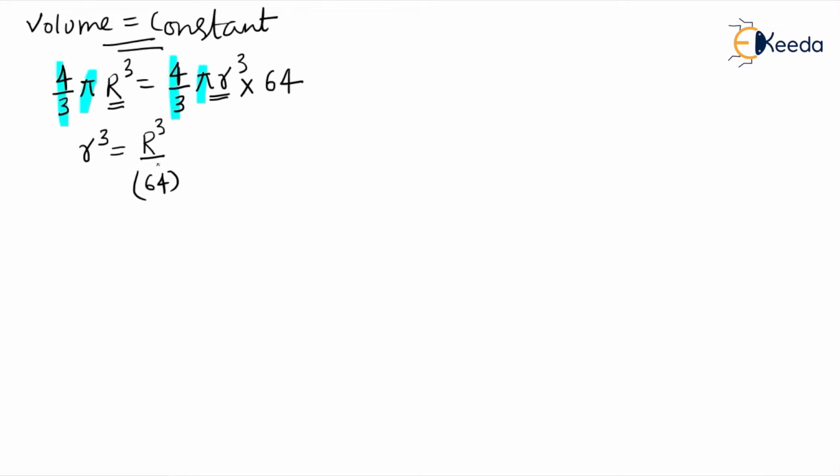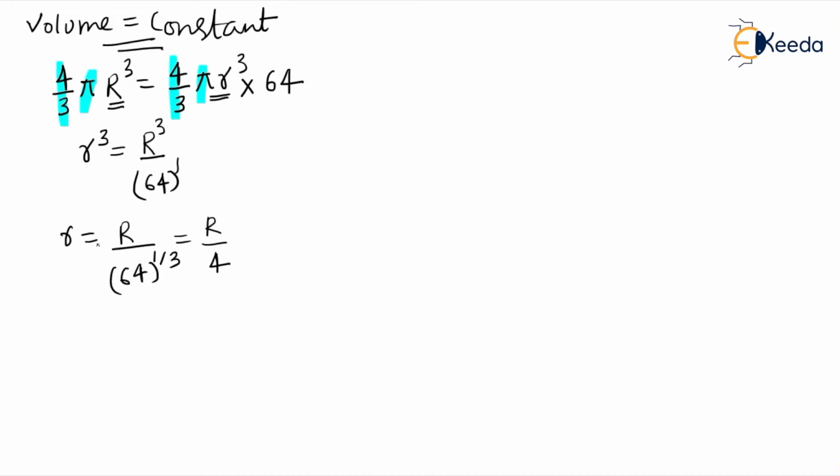Now to calculate the value of r, we need to write r equals R upon 64 to the power 1 by 3. This can also be written as R by 4, because 4 times 4 is 16, times 4 is 64. So the small r value will be R by 4.